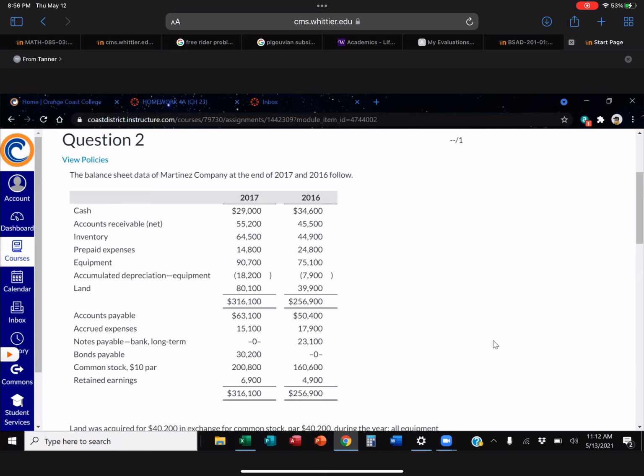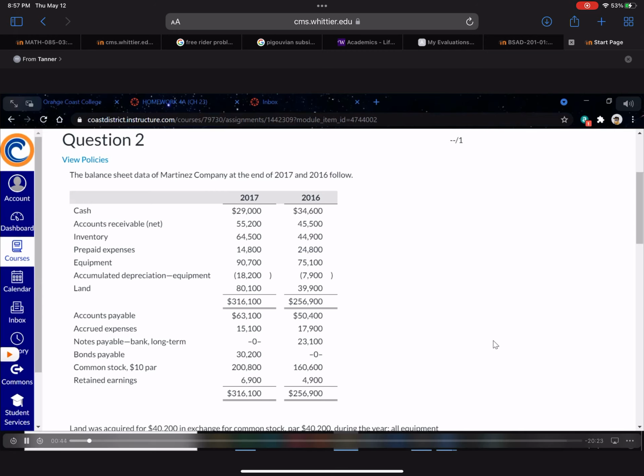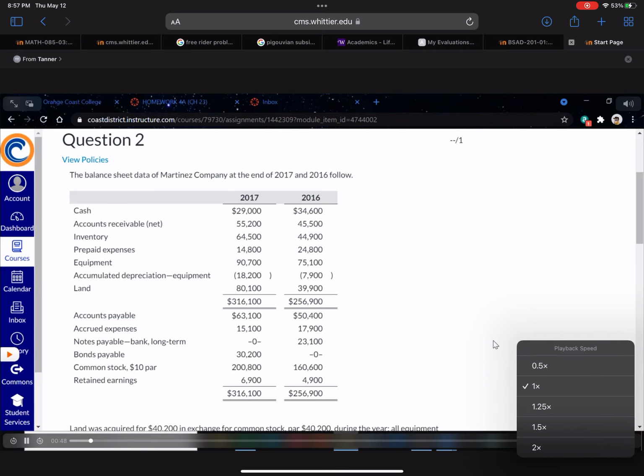Now, in chapter 23, you are going to be responsible, and you'll have to do it on a test, is completing a cash flow statement using the indirect method. Remember, indirect as in IN, indirect. So I thought the best way to review this is let's use question number 2 from our homework.